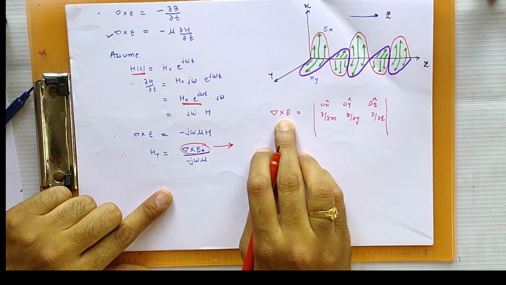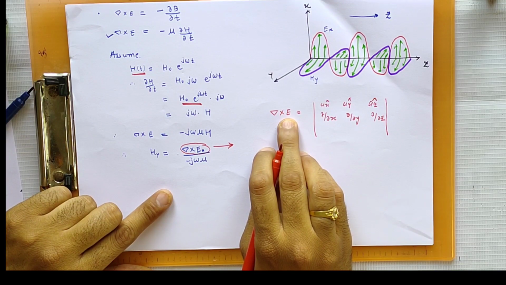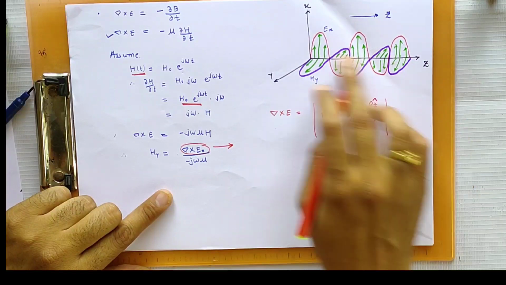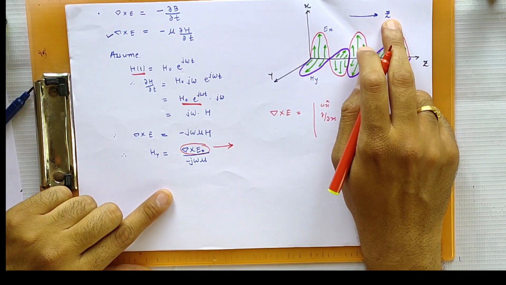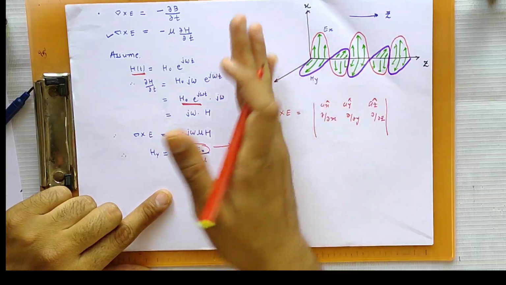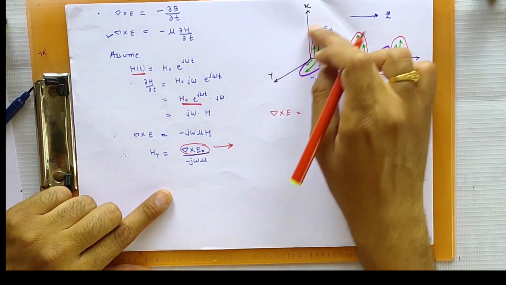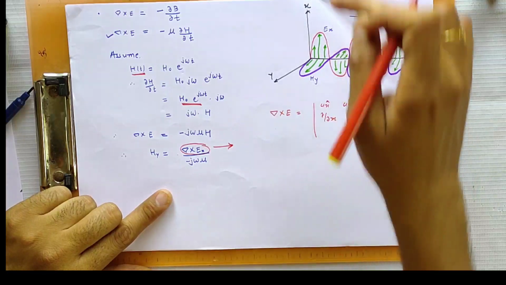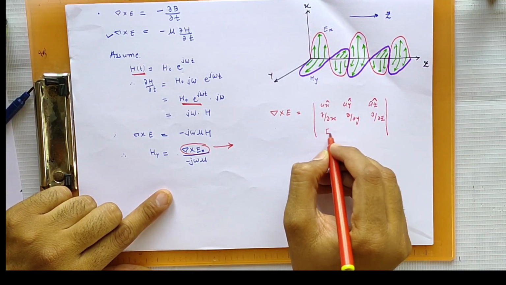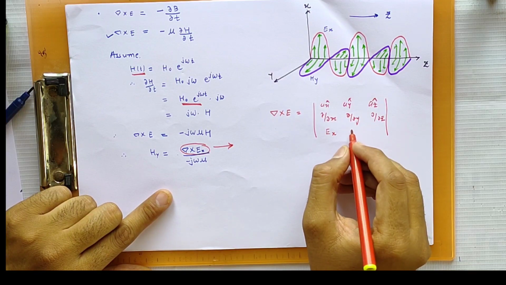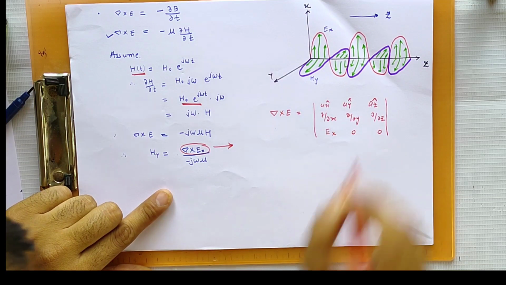Now what is E? E is present in which direction? In the x direction only. It is absent in the y direction and absent in the z direction. z is the propagation direction, that means E is traveling in the z direction, but E is present only in the positive x and negative x direction. So only the x component is present. Ey is 0, Ez is 0.